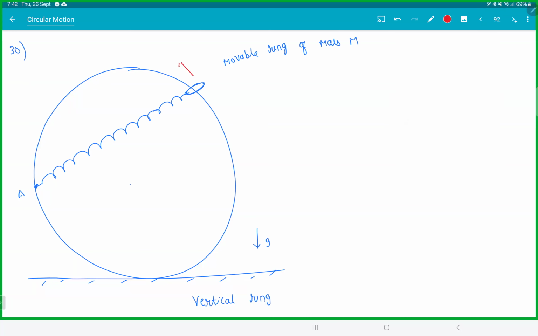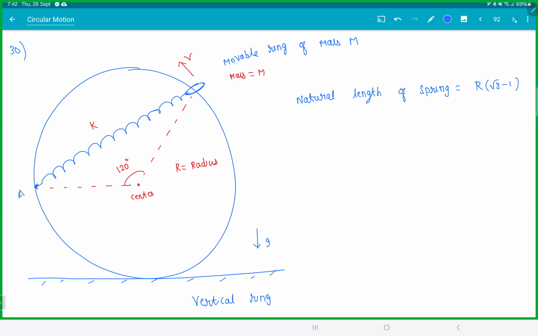At this instant, the speed is v, mass is m. This is your center. This angle is 120 degrees. R is the radius. K is the spring constant. Natural length of the spring is r into root 3 minus 1. This is your natural length of the spring.